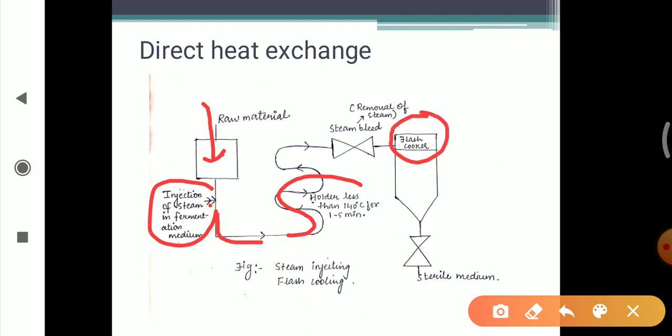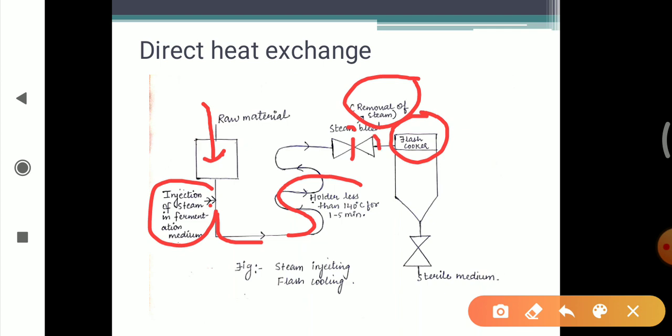In the flash cooler, the amount of steam added is evaporated via the steam bleed. The function of the steam bleed is to remove the steam. Cooling of the medium is carried out in a flash cooler in a vacuum chamber.